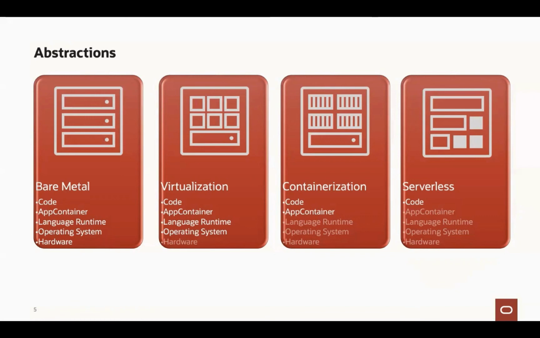So by leveraging containerization technology, developers were able to focus on the app containers and the code itself without worrying about any of the underlying infrastructure. Now, serverless is just the next evolutionary step. So abstracting away everything else and focusing just on the code.